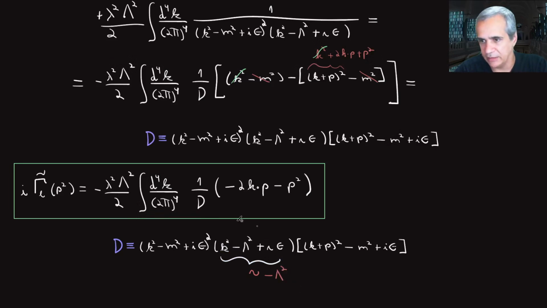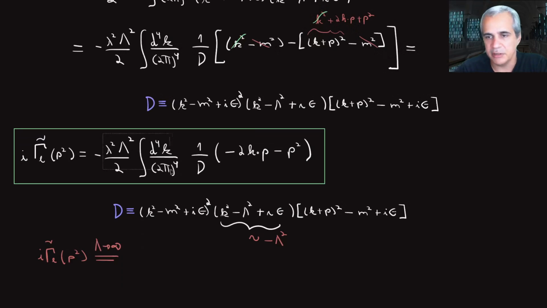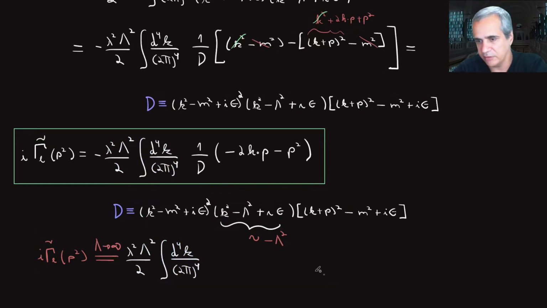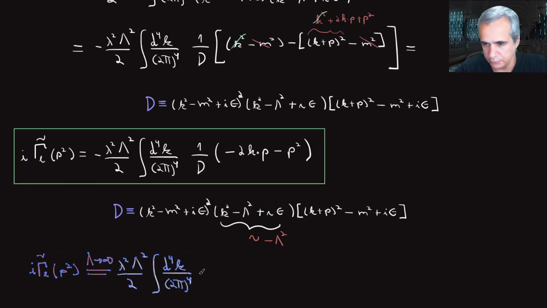Which means there's a minus lambda squared in the denominator, which cancels with this lambda squared here. So gamma tilde L of p squared, when lambda goes to infinity, I can rewrite as just this thing, let me erase the box, times this numerator and this denominator.